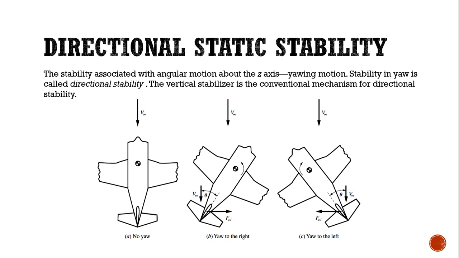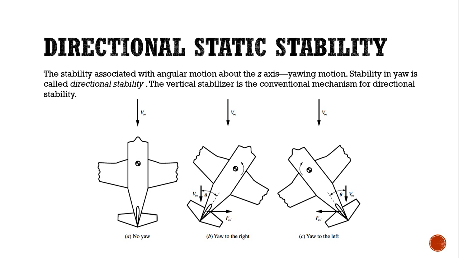So in longitudinal stability, because it is about the lateral axis, only pitching moment occurs. When the aircraft pitches up and down, it should automatically be corrected to its original position. Then the aircraft will be called a statically stable aircraft.